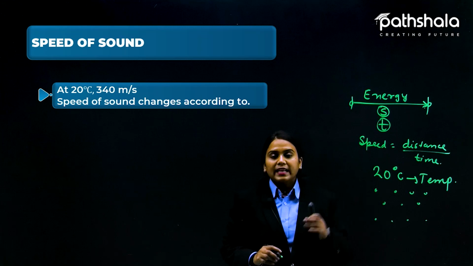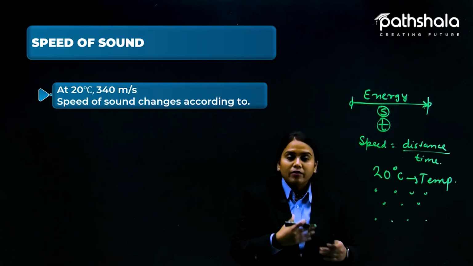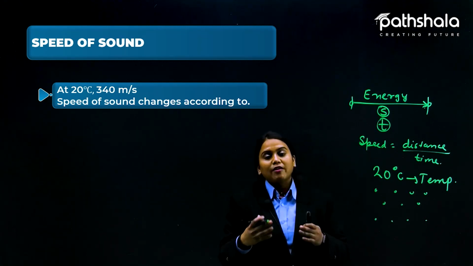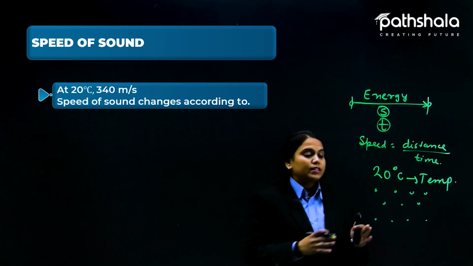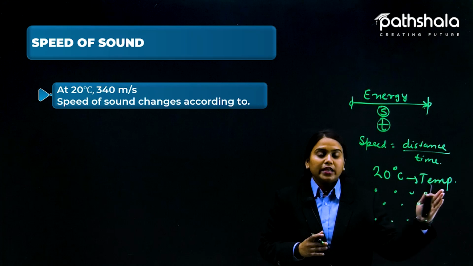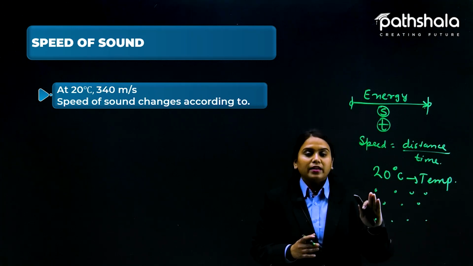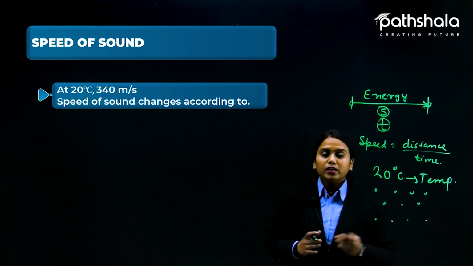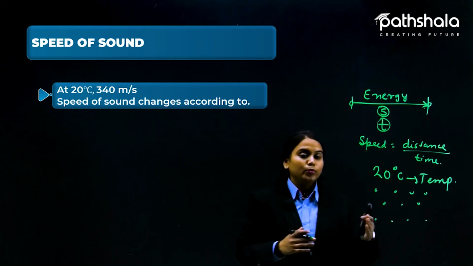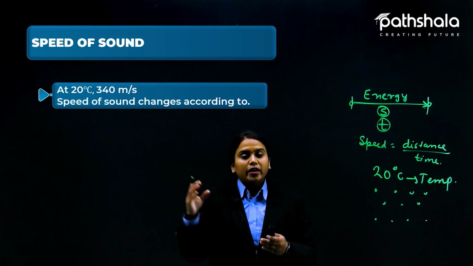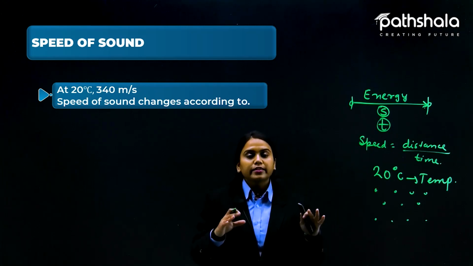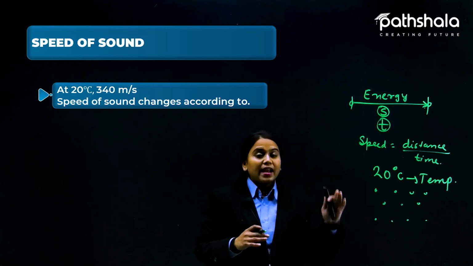So will the sound travel more or not? They are far from each other, so they are obviously not getting in touch with each other. So the vibration will get transmitted to the other particles a little bit slowly.